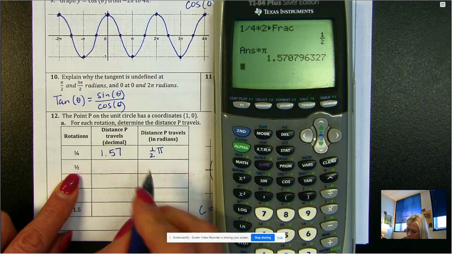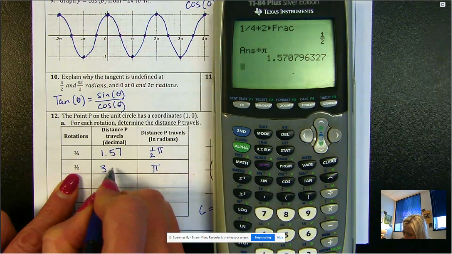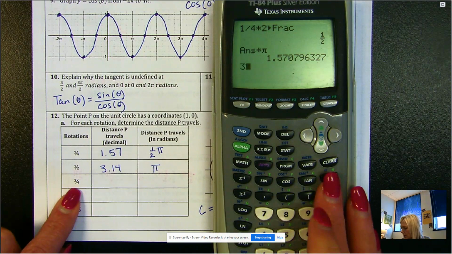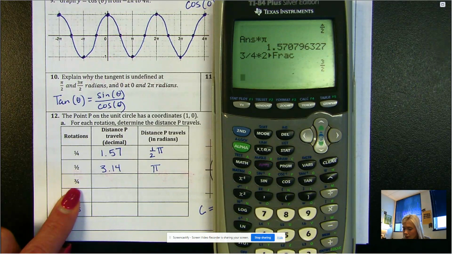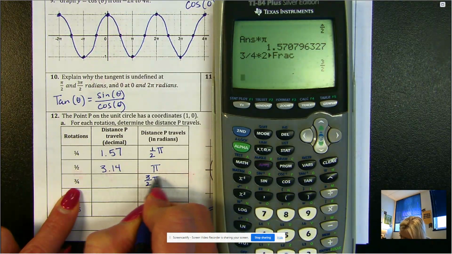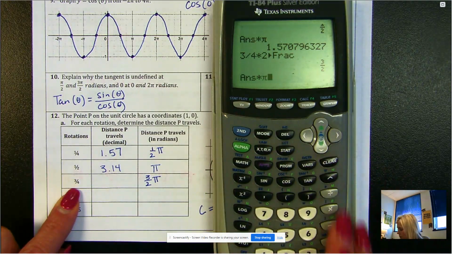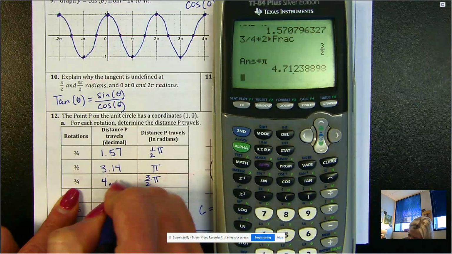Okay, for the next one, I don't even need a calculator. I know half a rotation is pi, and I know in decimal form, pi is about 3.14. Okay, 3/4 of a rotation, 3/4 times 2, math, enter, enter. That's 3/2 of pi, or 3 pi over 2. Now again, I'm just going to multiply by pi, and I get 4.71.